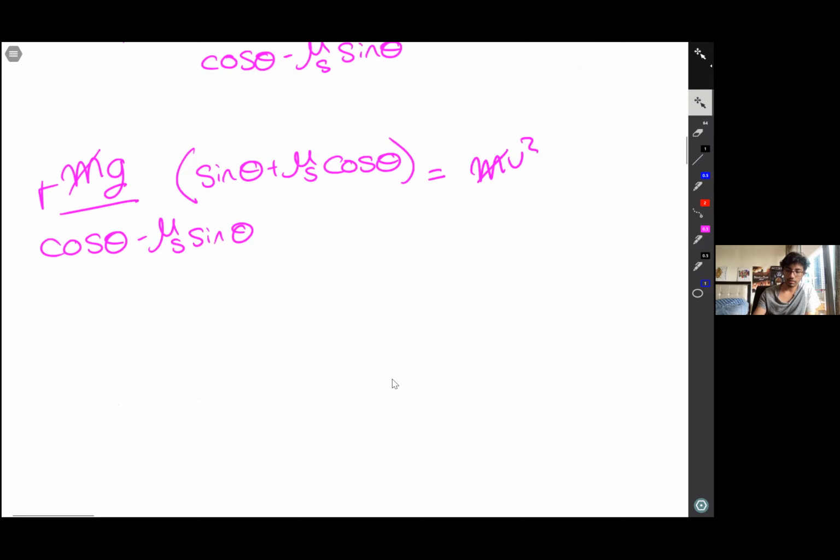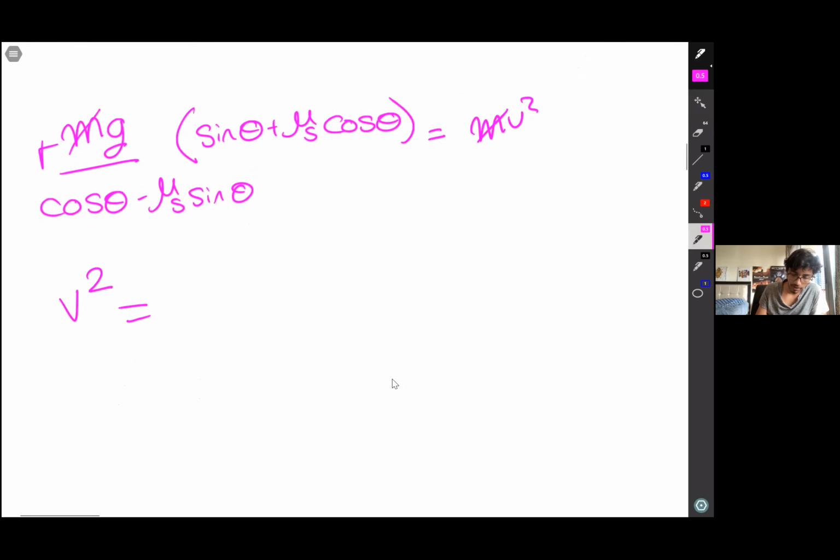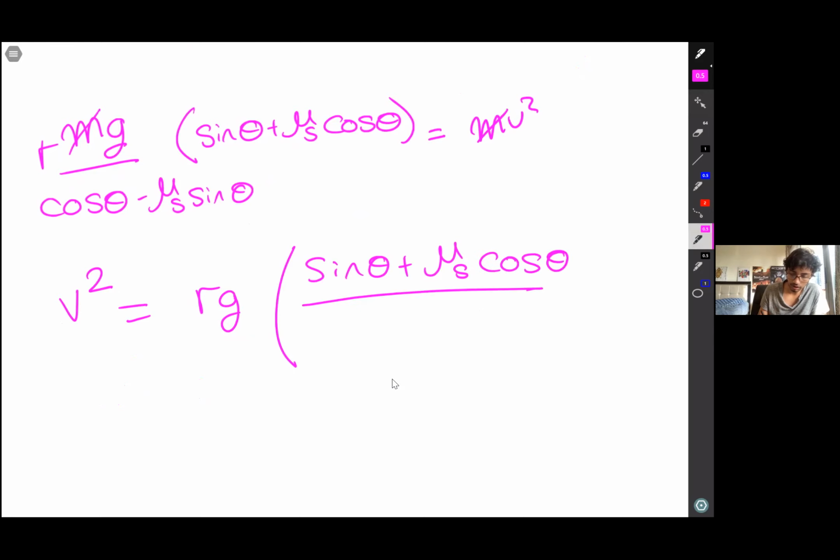We get that V squared is equal to rg (sine theta plus mu s cos theta) over (cos theta minus mu s sine theta).